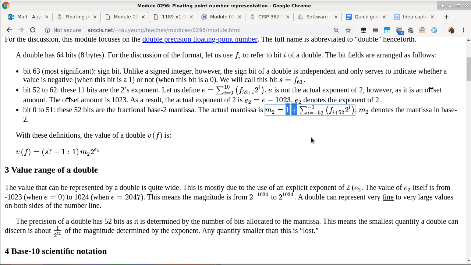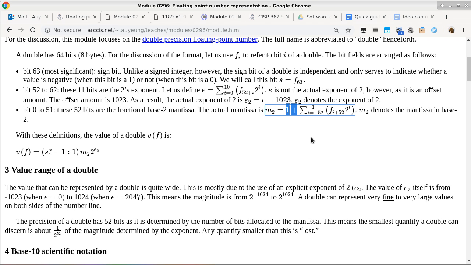Nope, it's there, right? It is unconditional. It is always there. So that means the 1 point of the mantissa is not represented in a double. It is always implicitly there. The bits that are actually in a double are only responsible for the fractional part of M2.